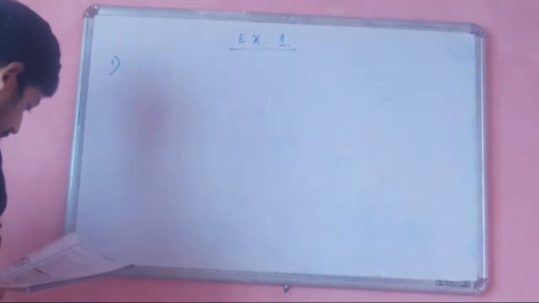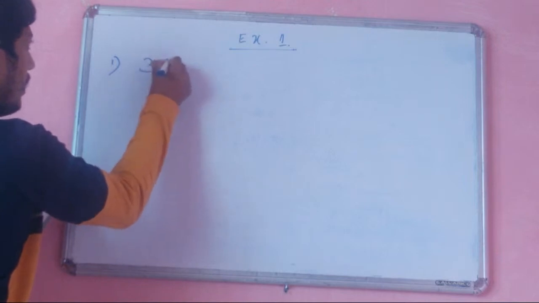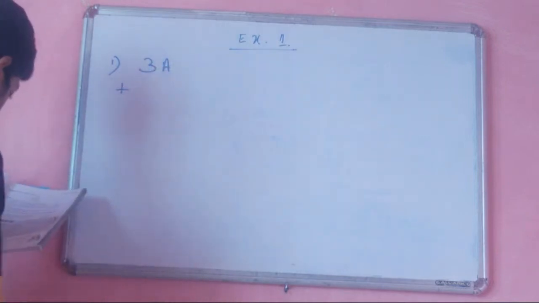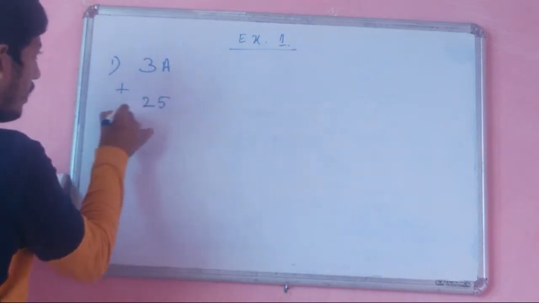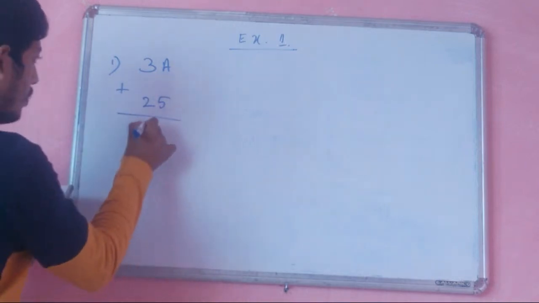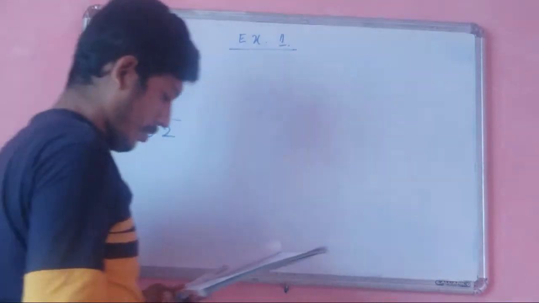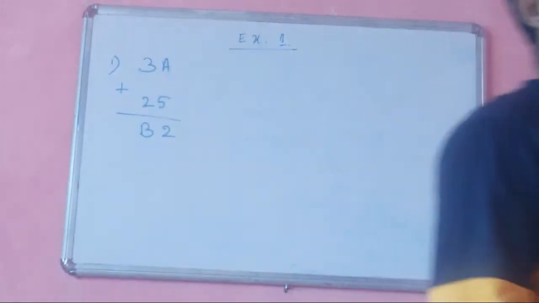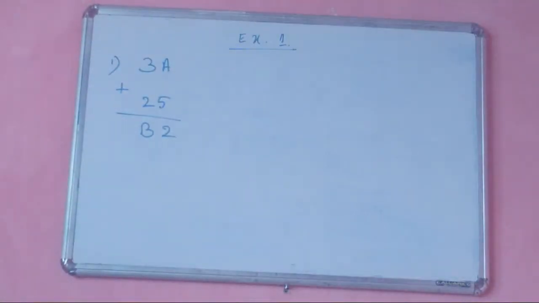The first one: 3a plus 25 equals b2. Now write the possible values of a and b. If plenty of values can be substituted, then comment me the values. If a single value for a and b, then comment me that.